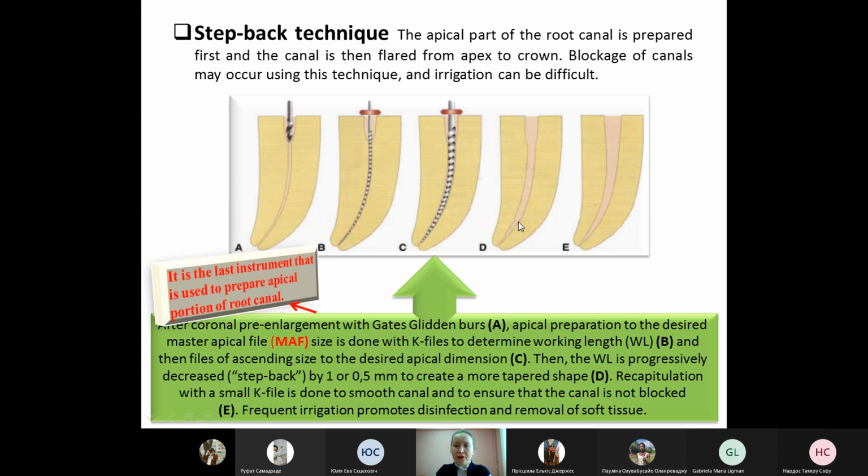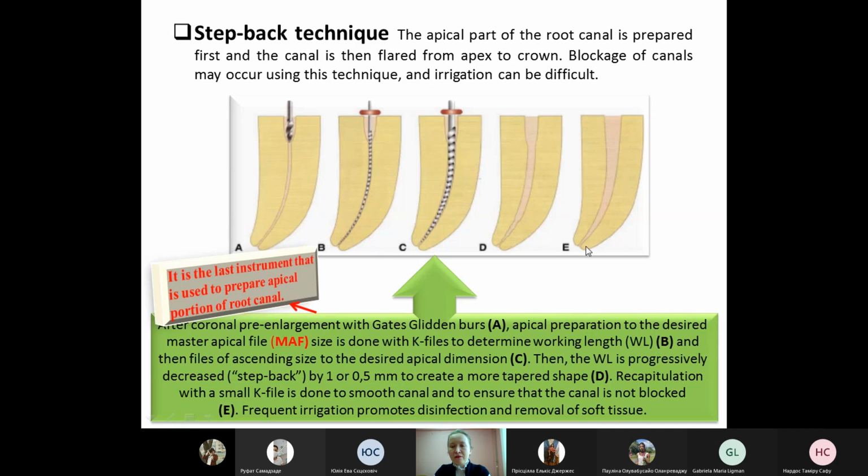Here you have some ledges on the root canal wall, but these ledges at the final stage are shaped with the H file, because the H file is responsible for shaping irregularities of the root canal wall. During step-back technique, recapitulation with a small K file is done at every stage to smooth the canal and to ensure that the canal is not blocked.